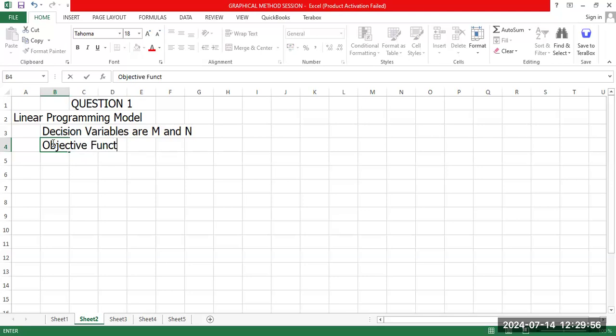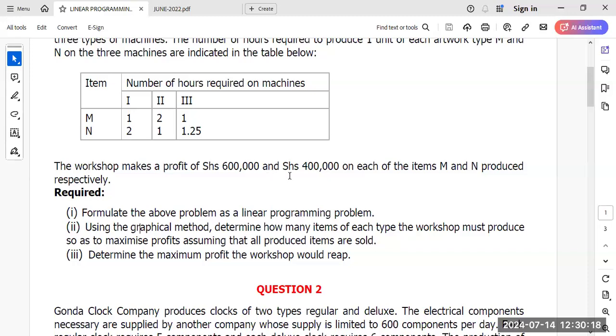Then what is our objective function? Maximize. Here our objective function, we are to maximize profit. Z max is equal to, how much is profit on M? 600. 600 and 400 on M and N respectively.